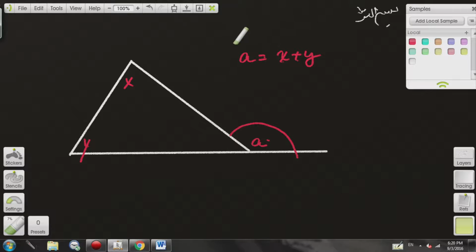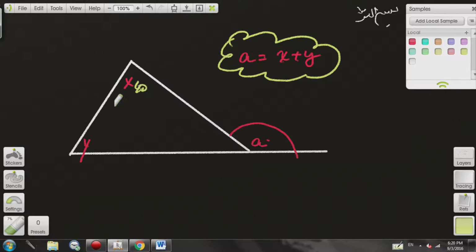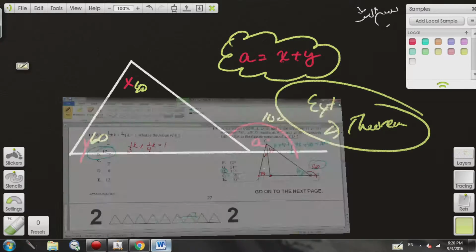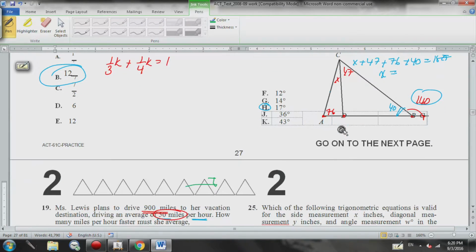This is a popular, easy theorem to remember. So if you're given, like, 40 and 60 or whatever, then this would be 100, because this is the sum of those two angles. This is the exterior angle theorem. Okay, you follow? It's just a good theorem.